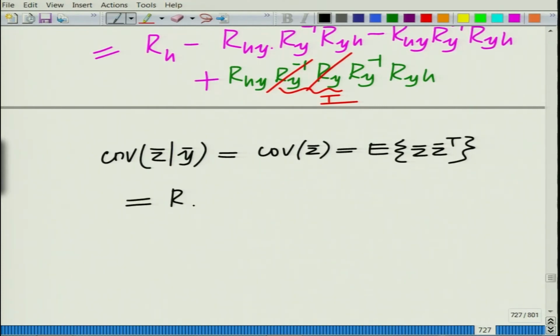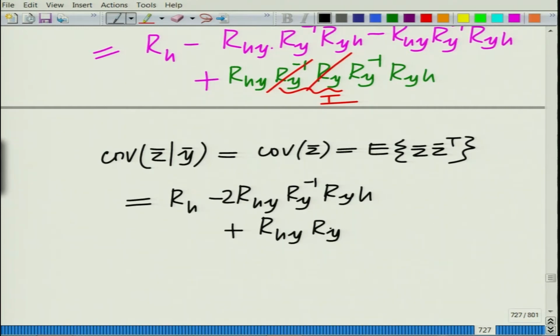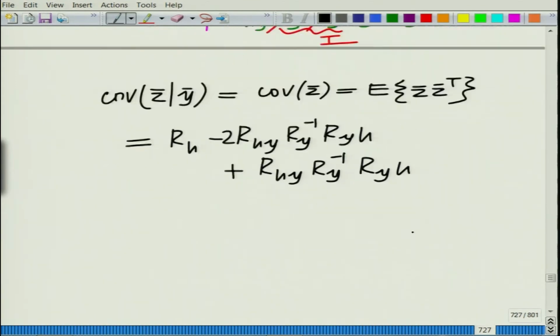This is R_h minus R_hy R_y inverse R_yh, minus twice this, plus again the same quantity R_hy R_y inverse R_yh.